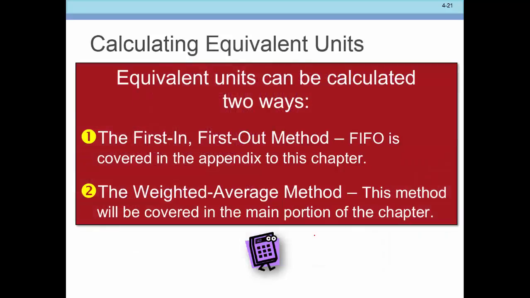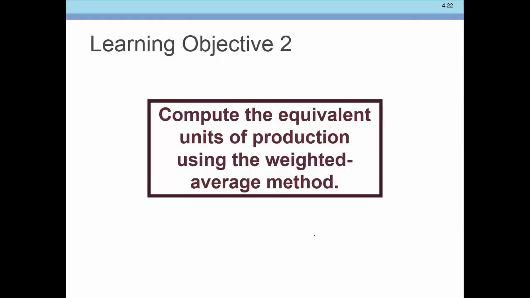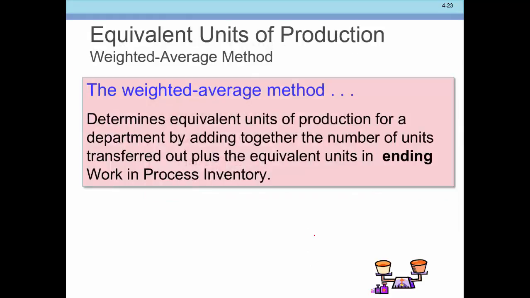Got it. Two methods. Let's look at the weighted average method in more detail. With weighted average, basically what we're going to do is take all of our costs for the period and come up with a cost per unit. The way we come up with that cost per unit is to take all of our costs for the period and divide that by the equivalent units produced for the period.